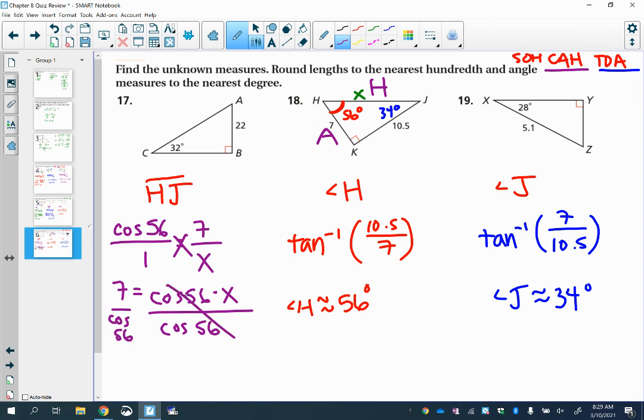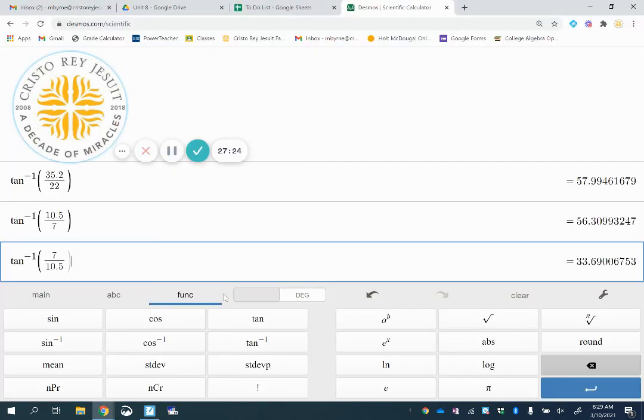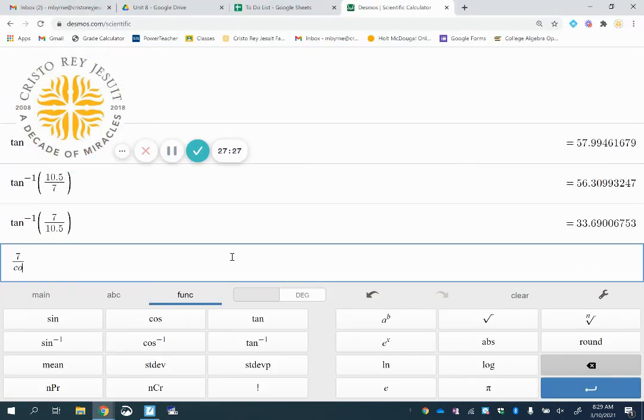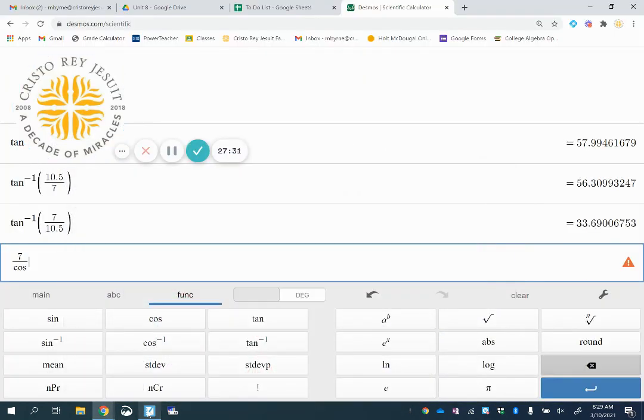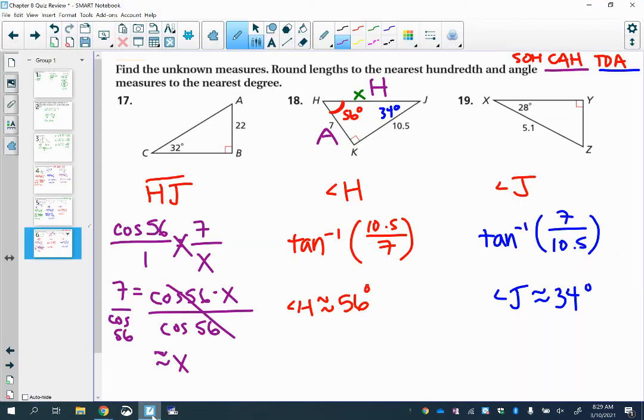All right, here, that crosses out, and I'm left with just X. And on this side, I'm going to go to my calculator and do 7 divided by cosine 56. All right, and I get 12.5. So it's approximately 12.5. Okay, which makes sense because the hypotenuse should be the longest side.